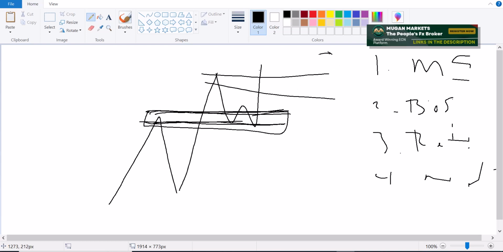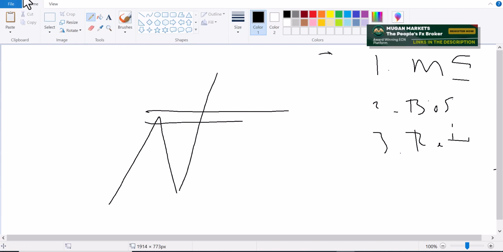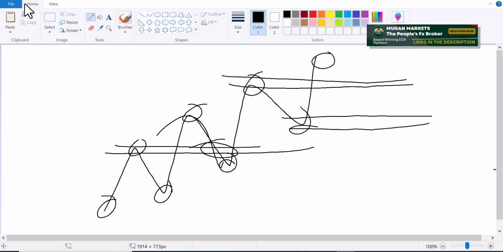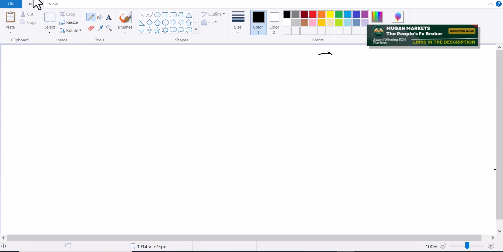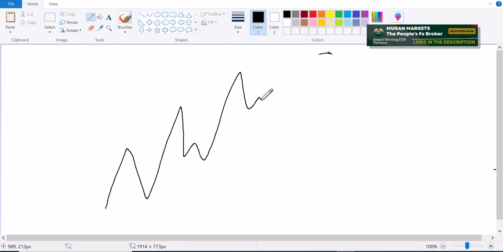So what we are doing here is you are looking for this pattern, and I'll draw that pattern plainly so that when we go to the live charts you can clearly relate to the patterns that we are going to be showing you. So this is what I want you guys to see. Number one, you want a high, right? Then you want a W like this, something like that.